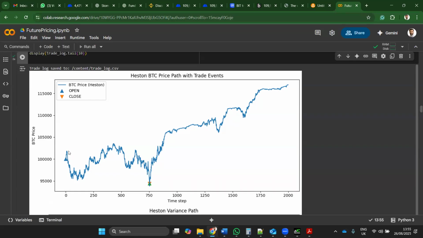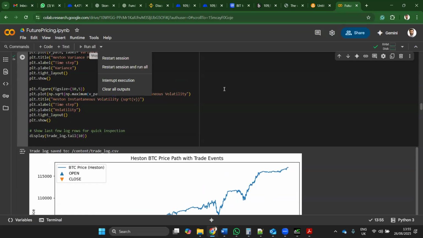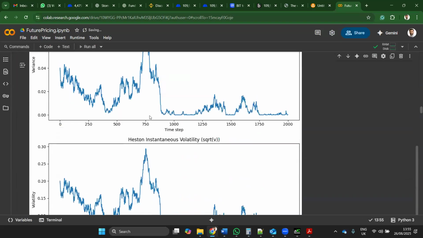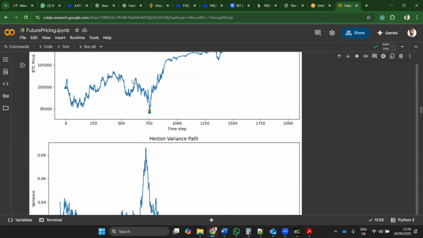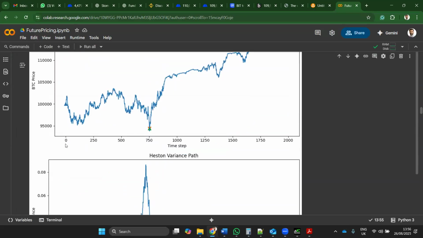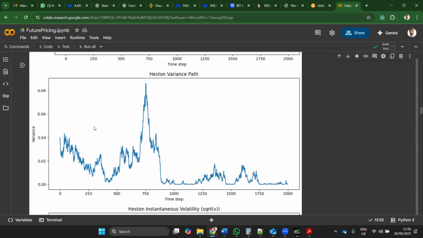Suddenly the price goes a little bit up and then down, up, down, up, down, down. So this is all simulation. Every time we run this piece of code, you will have a different BTC price and a different variance as well.